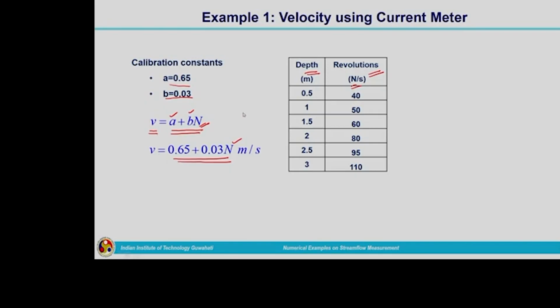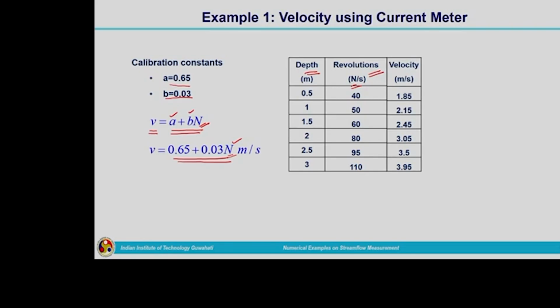When you substitute 40 for a depth of 0.5 meter, the revolutions given are 40. That 40 you can substitute over here, and the corresponding velocity can be calculated. After substituting the values of revolutions in this equation, we can compute the velocities corresponding to different depths.